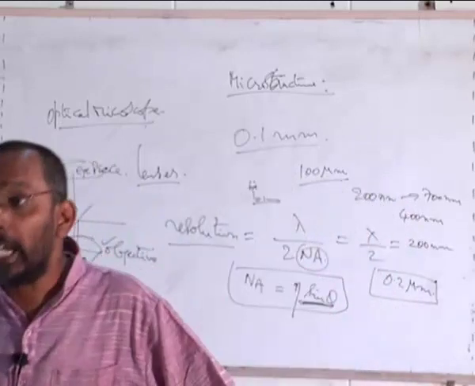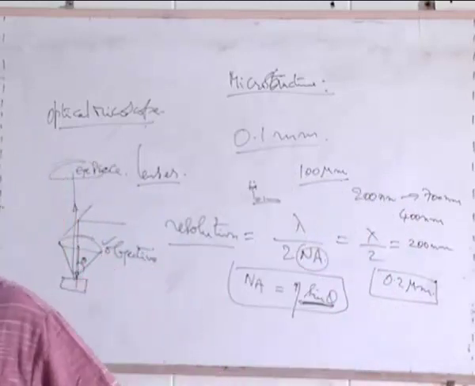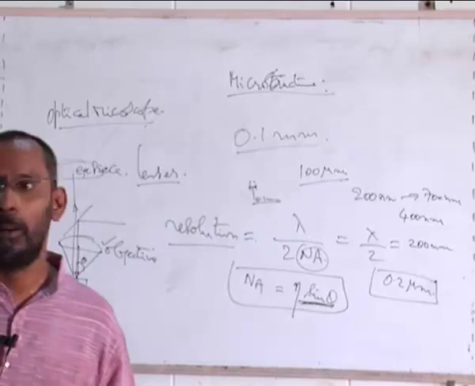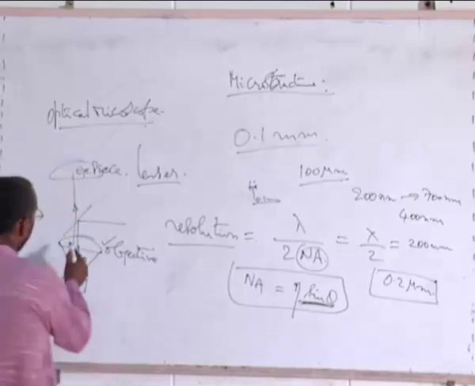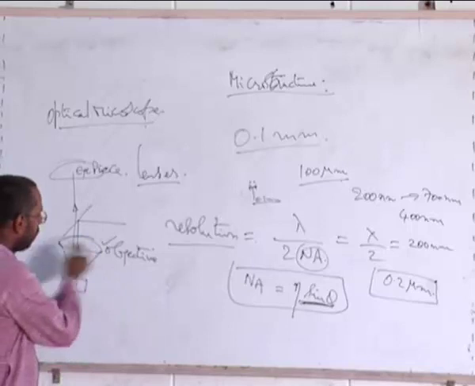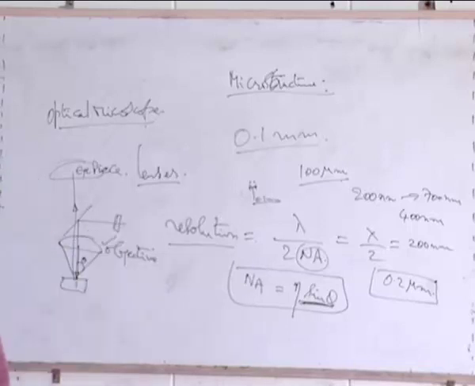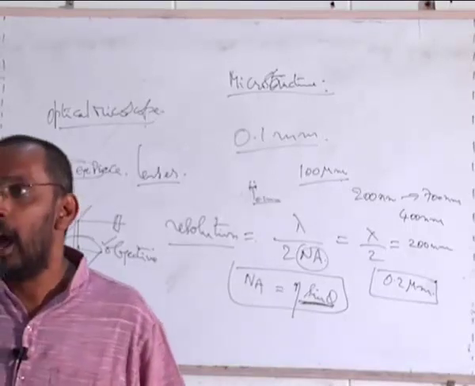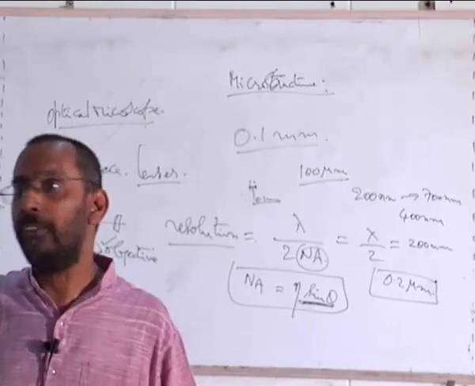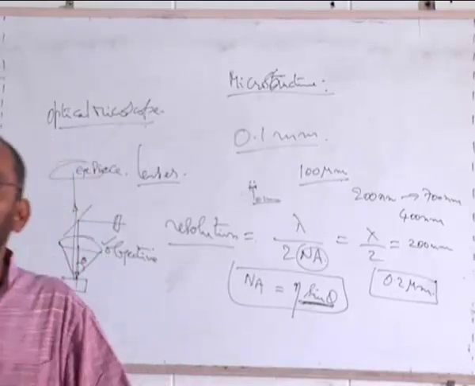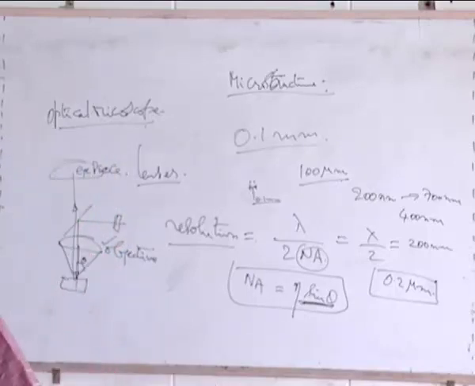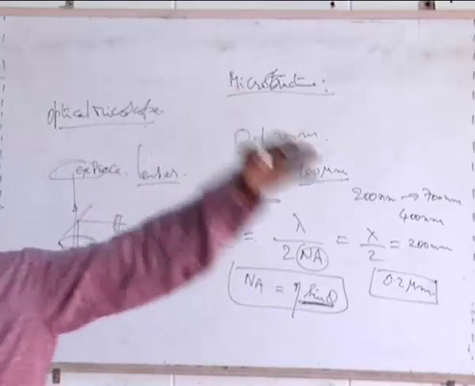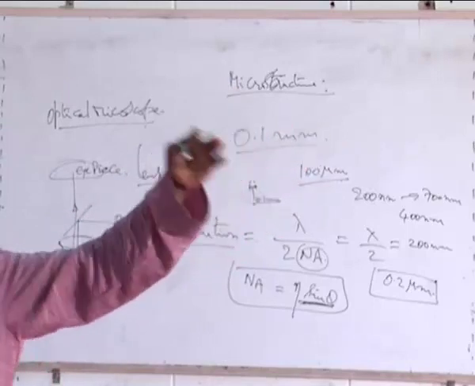This is the resolution of an optical microscope. You cannot get better, though you can get slightly better than this when you do what is called filtering. Filtering means that when light is going through this sample, I put a filter there, to give you a single wavelength of as low a lambda as possible. I will not put a red filter. I will put either a blue or a green filter, because in the VIBGYOR spectrum, red is the highest wavelength and violet is the lowest.